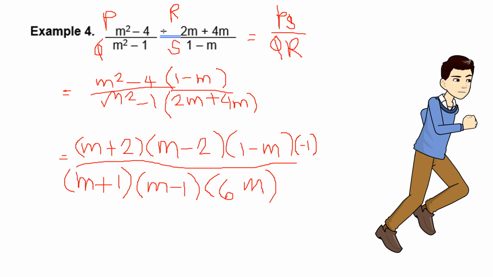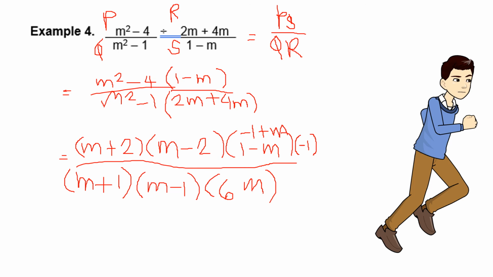Okay, so ito, i-multiply natin. We have negative 1 times 1, magiging negative 1. Then yung m natin, negative times negative m, magiging positive m. So, plus 1.